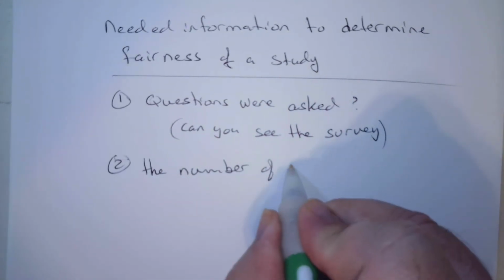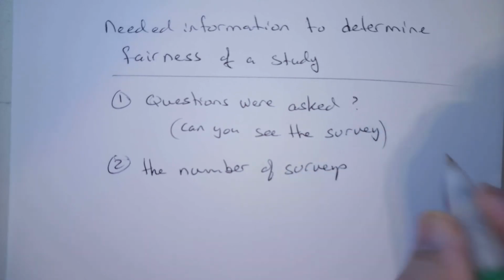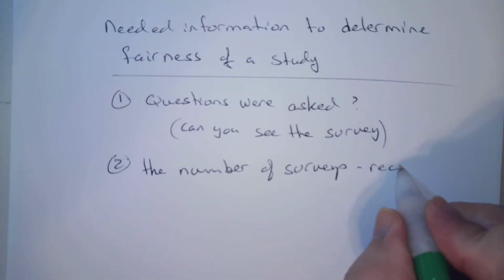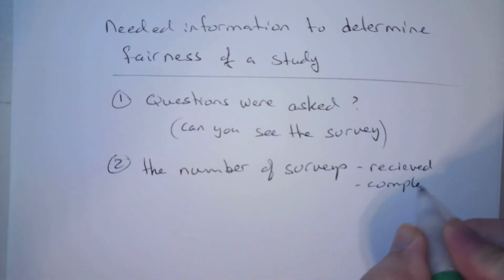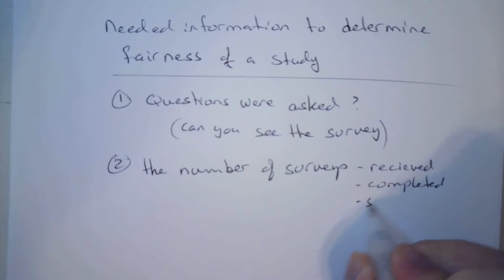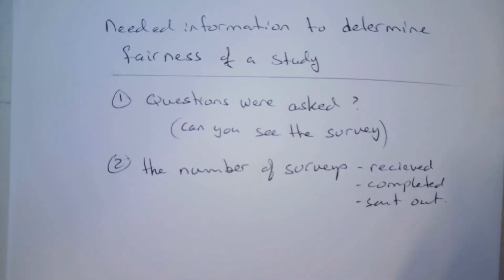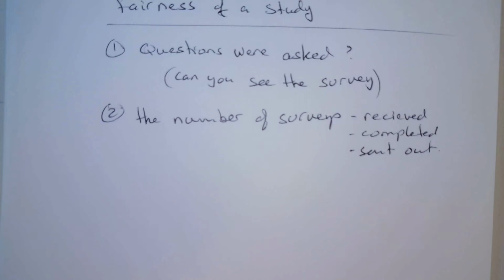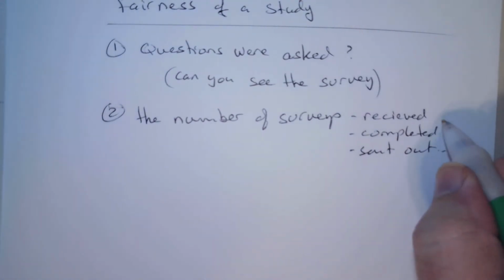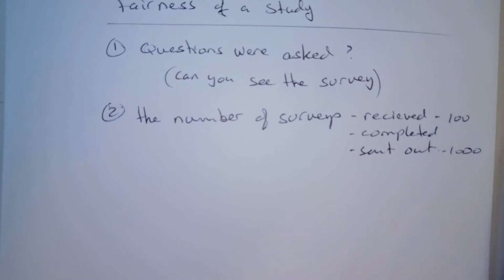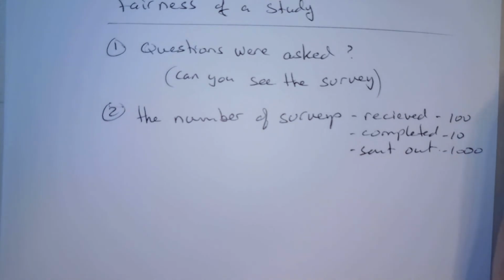The number of surveys received, completed, sent out, all this sort of stuff. You want to know what information. If they sent out 1,000 and received 100, but only 10 were completed, that's pretty bad numbers. That's 1%.